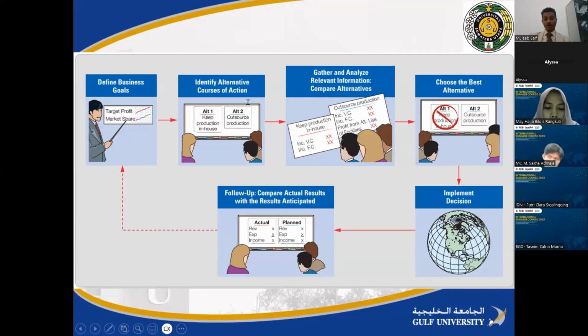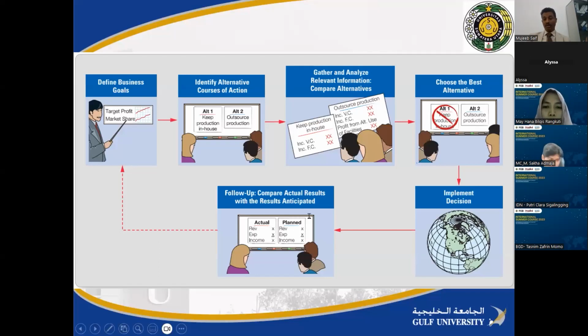So we should follow these steps, right? For any decision we make, we should consider the objective of the organization. We should know what alternative options we have. We should collect all information related to these alternative options, analyze them, compare the performance of each of these alternative options, and then select the best, and then we will see the actual performance.